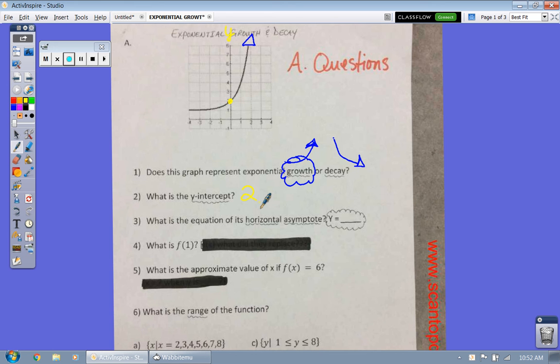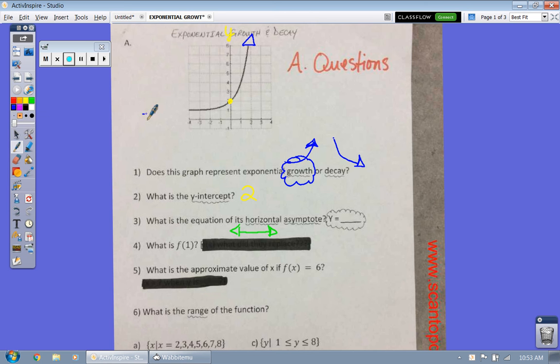Question 3, now we're going to get into some vocabulary here. What is the equation of its horizontal asymptote? Okay, horizontal means you're going this direction from left to right, like you're looking at the horizon. And then you have this word asymptote. To put it in a kid-friendly definition, pretend like there's an invisible line that this graph is approaching or sitting on.